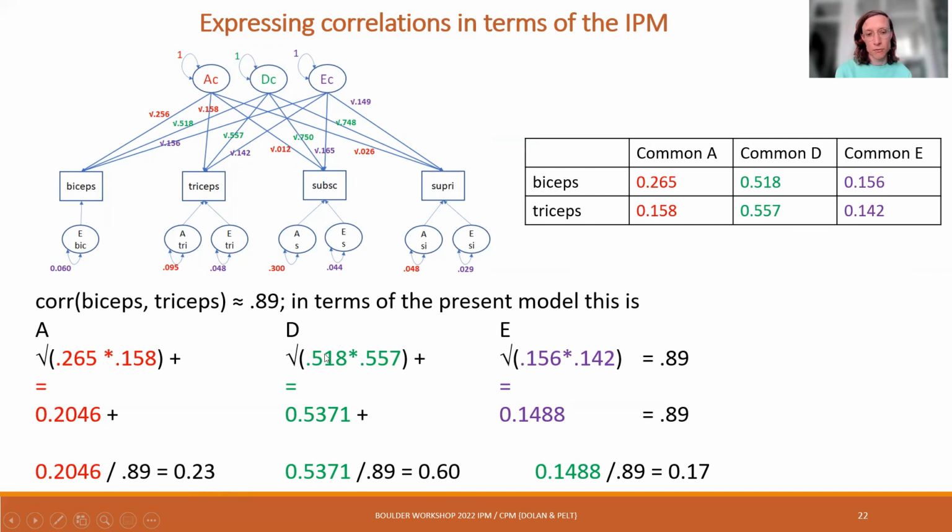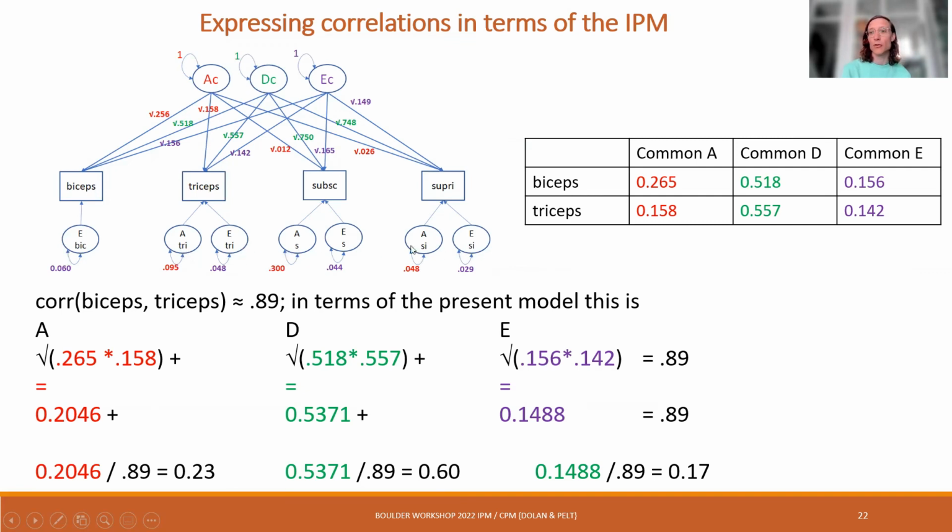The contribution of D, so dominant genetic effects, to this correlation is about 60%. And the contribution of non-shared environmental effects to this correlation is about 17%.